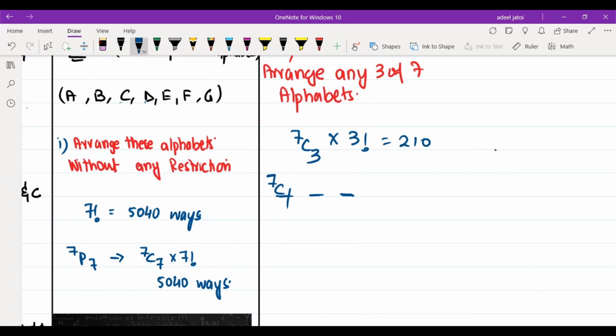Then when I've selected 1 letter, we are left with 6 letters. For the next, it would be 6C1, again selecting 1 letter out of 6. Then we can select 5 letters. So this will be 7 into 6 into 5, which will also be 210.